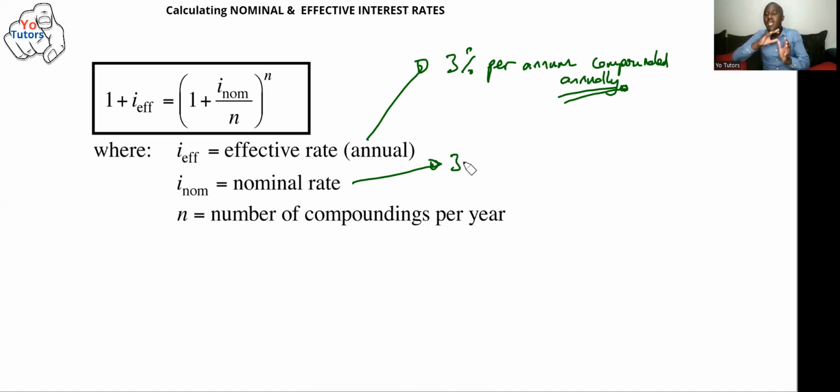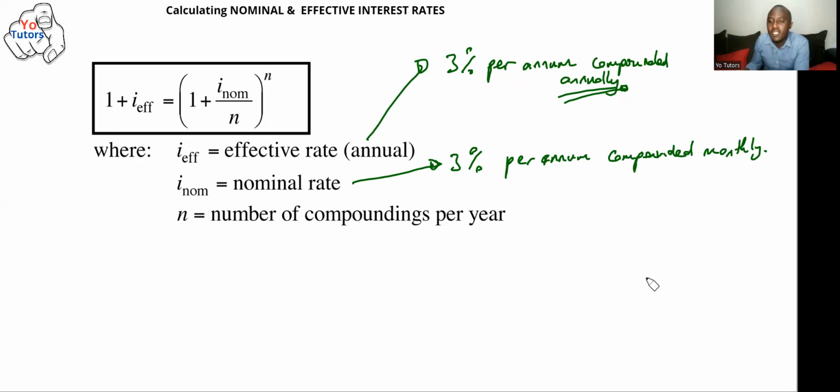It's quoted per year, but compounded maybe monthly, weekly, daily, or quarterly. So here it's 3%, e.g. 3% per annum, compounded monthly. That's what we have here.